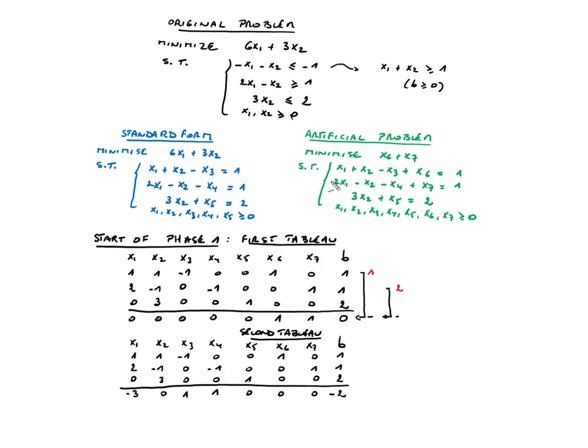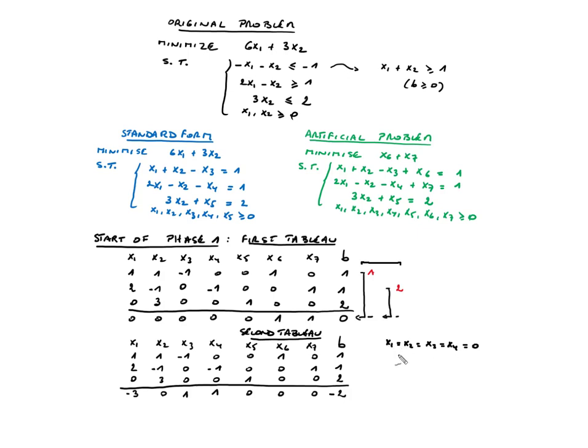If we do the elementary operations that you see over here, we end up with the second tableau that is in canonical form, so we can now start the simplex method. You can see that the basic solution is x1 equal to x2 equal to x3 equal to x4 equal to 0.